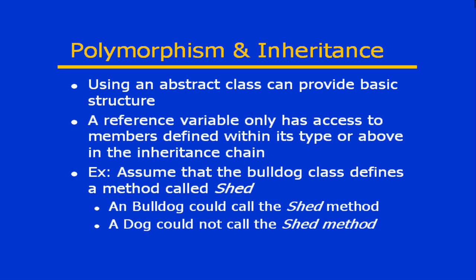However, if you have a type dog, even though it may be storing a bulldog, it would not be allowed to access the shed method because the shed method is not one of the members of the dog class. You could, however, downcast that dog to a bulldog and then call the shed method of the downcast element.